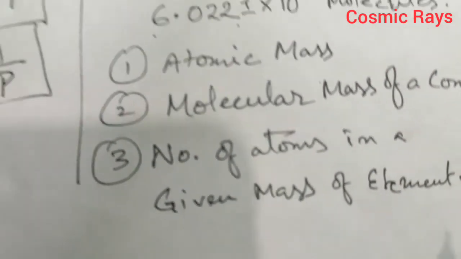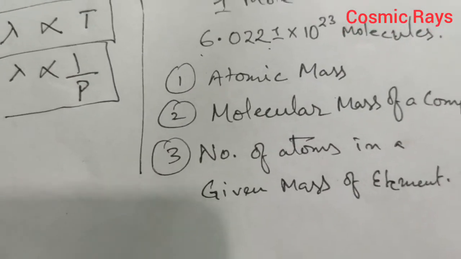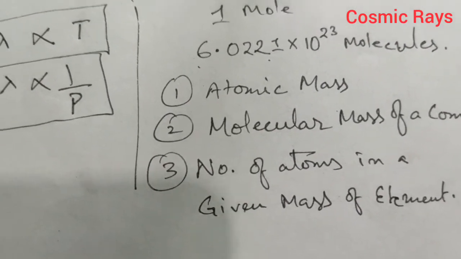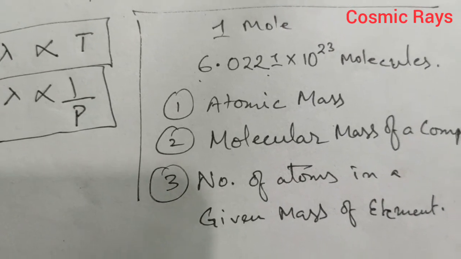So these are the reasons why Avogadro's number is important. And what is Avogadro's number? It is the number of molecules present in 1 mole of a substance.